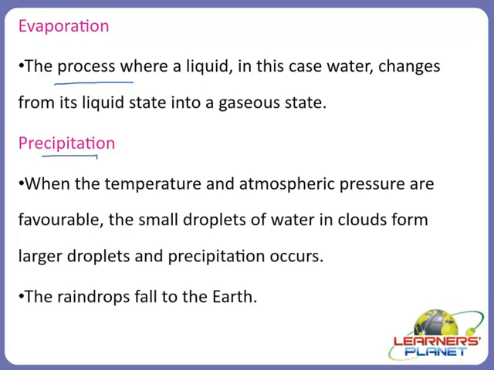And then precipitation: when the temperature and atmospheric pressure are favorable, the small droplets of water in clouds form large droplets, and the raindrops fall to the earth.